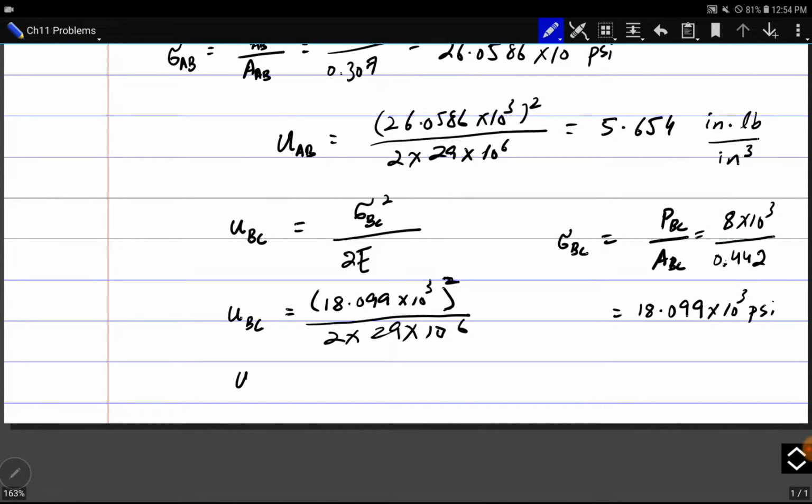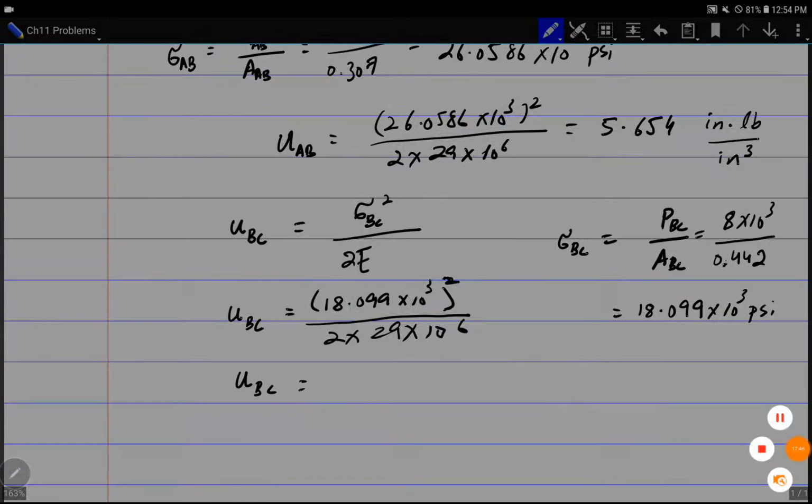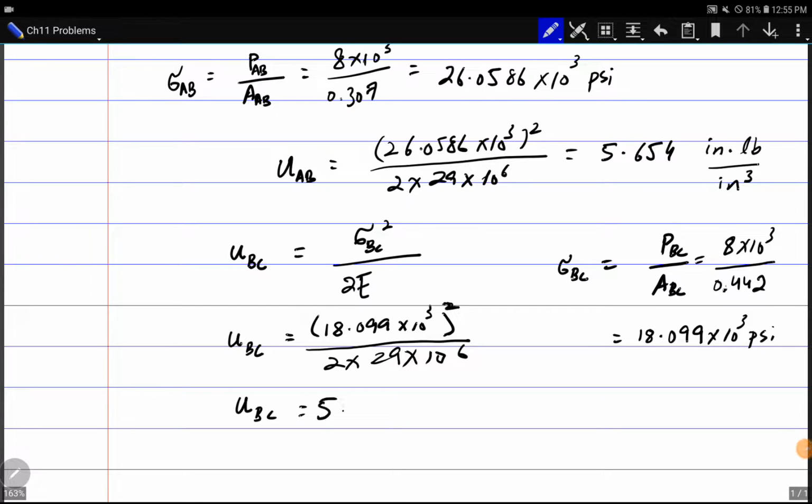So u_BC becomes 5.653 inch pound per cubic inch.